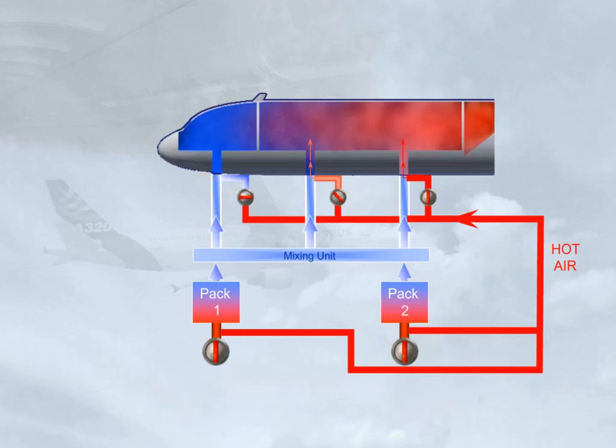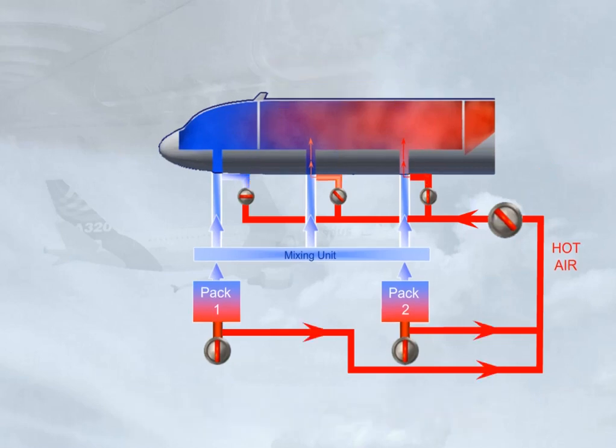The trim air valves are supplied via a hot air valve. It regulates the pressure of the hot air supplied to the trim system and works as a shut-off valve. The hot bleed air is supplied to the hot air valve downstream of the pack flow valves. This means that if the pack flow valves are closed, there is no air supplied to the trim system.